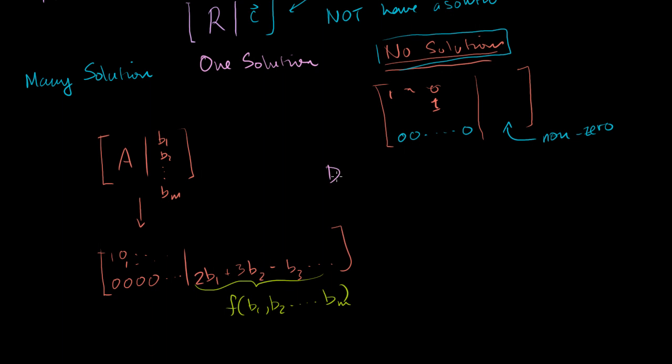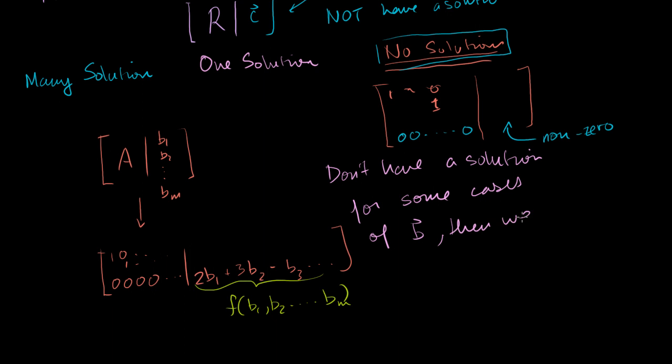If we don't have a solution for some cases of b, then we don't span Rm.